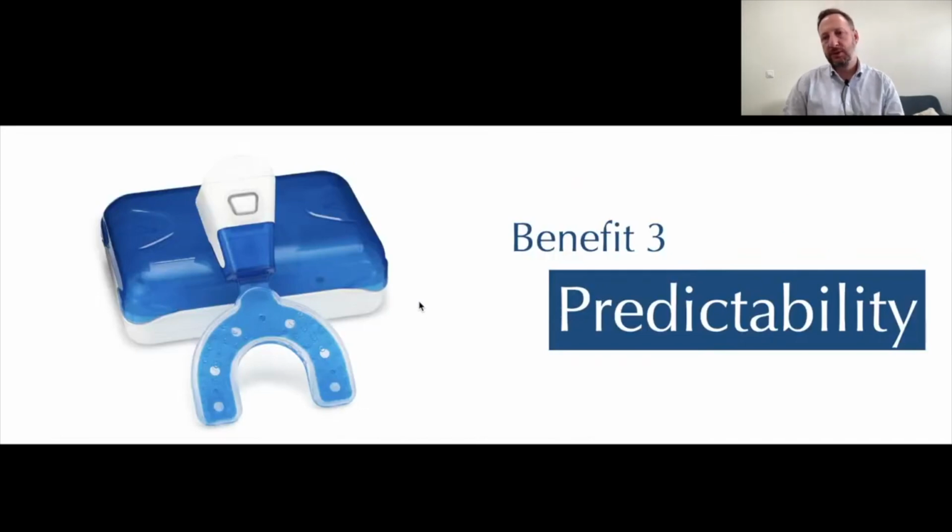It's impossible for us to talk about reduction of time without talking about this word, predictability. Because for us to accelerate something, we need to plan better, we need to have a good diagnosis process, otherwise we're not going to accelerate anything.